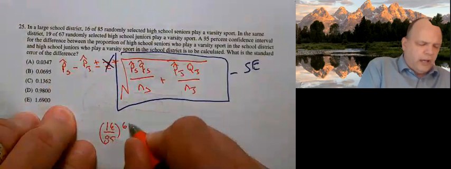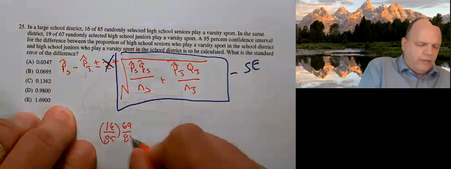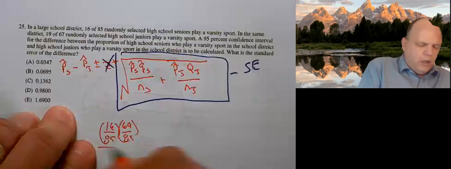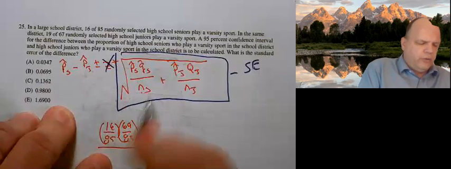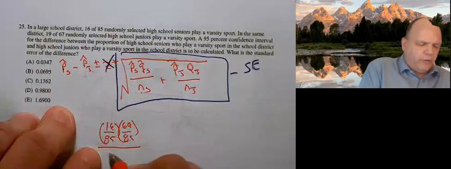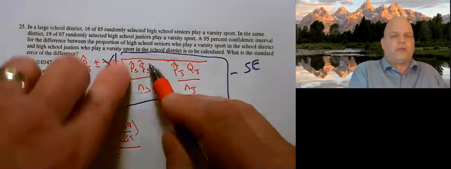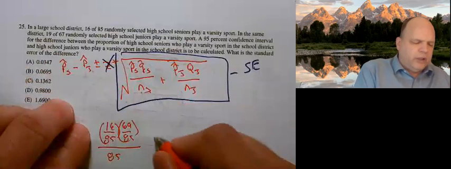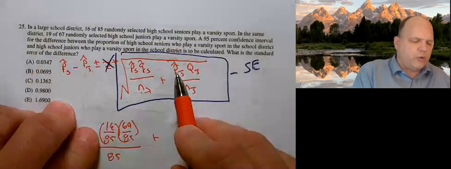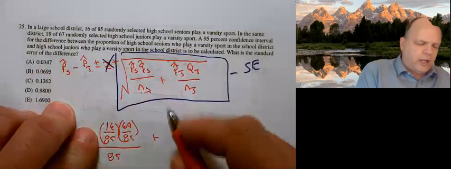So my q hat seniors is going to be 69 over 85. And my number of seniors was just 85. So this is the first fraction here. Plus I need to do the second fraction, which is with the juniors. You know, the juniors is 19 out of 67.